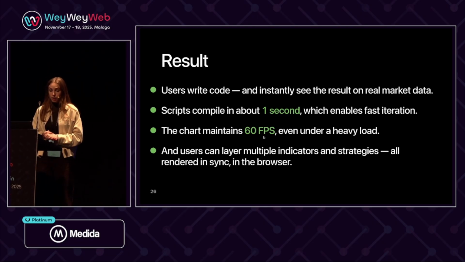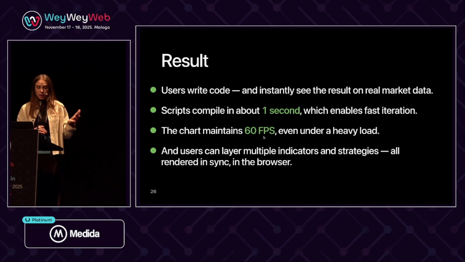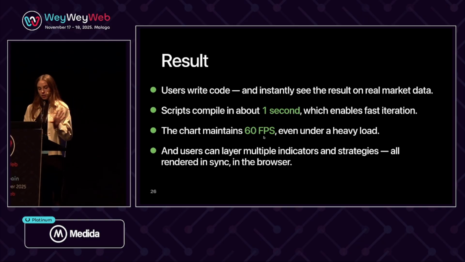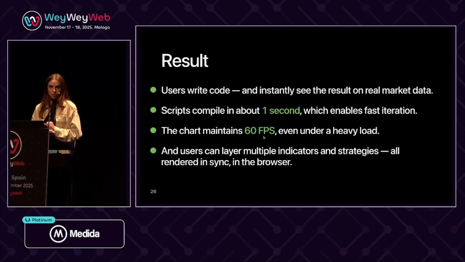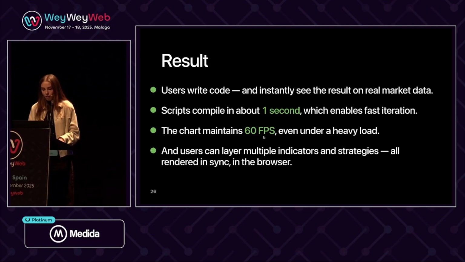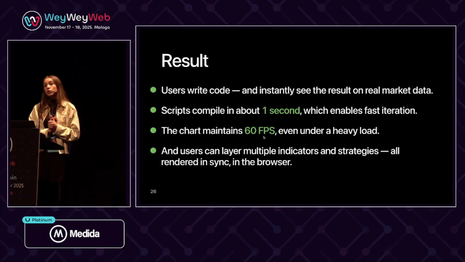In the end, we have a system where users write code and instantly see the result. Scripts compile in about 1 second. The chart maintains 60 FPS, and users can run multiple indicators and strategies. And that's how we turn users' written scripts into live visualization.